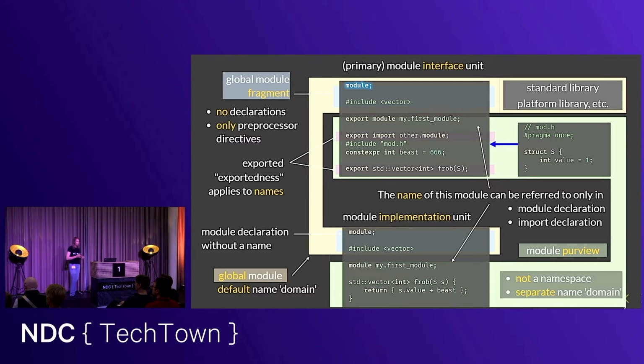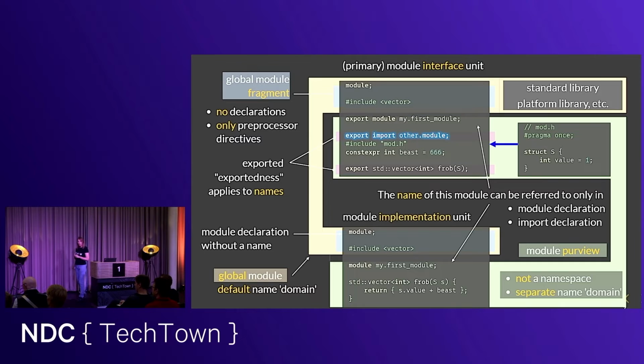This is a part of the global module. Then you come to the so-called module declaration, where you name the module or give it a name. All translation units with the same module name are part of the same module. And if you stick an export keyword in front of it, you designate this particular translation unit as the so-called primary module interface. And you can have only one of them, so one file tells the users what to expect as the exported entities from a module.